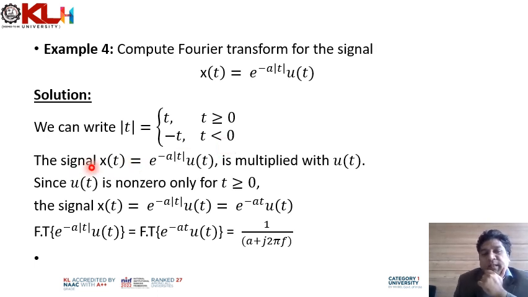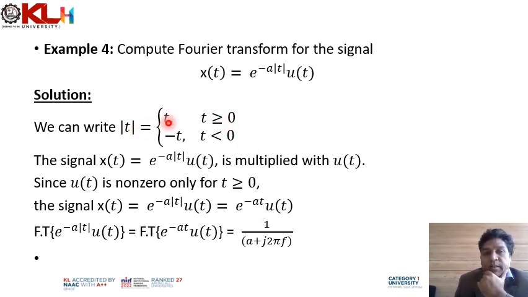Now this given signal is e^(-a|t|) multiplied by u(t), and we know that u(t) is only non-zero for t greater than or equal to 0. So in that condition, |t| when t greater than or equal to 0 will be only t. Therefore the given signal x(t) reduces to e^(-at) u(t), because u(t) is only present for t greater than or equal to 0.